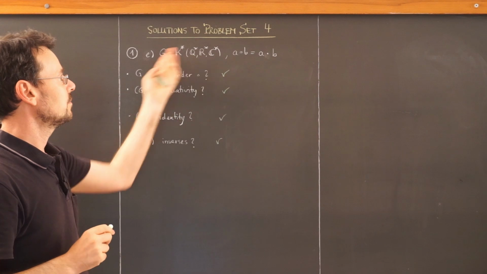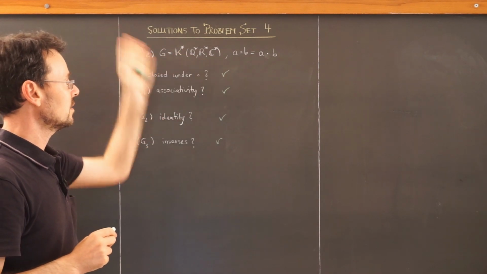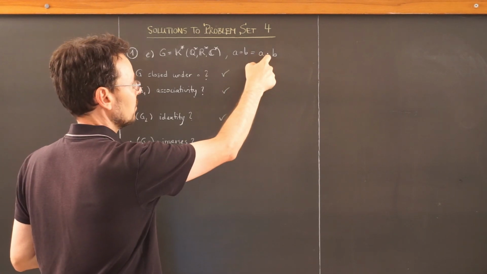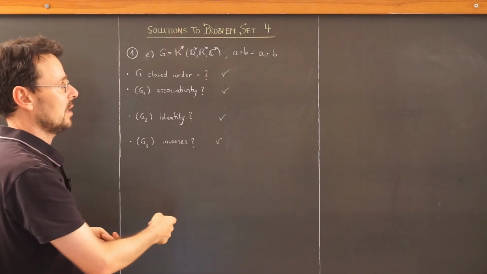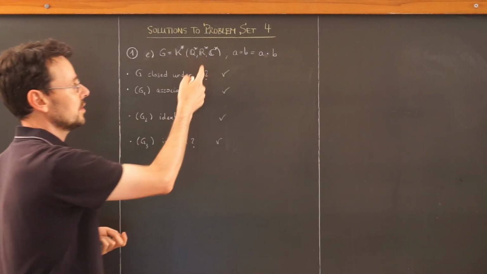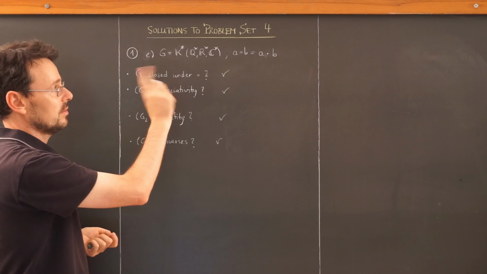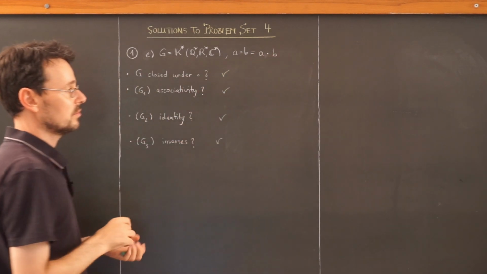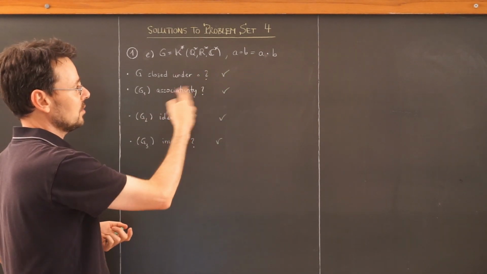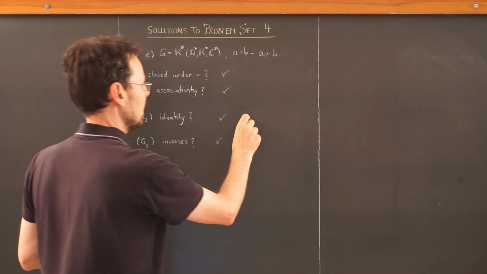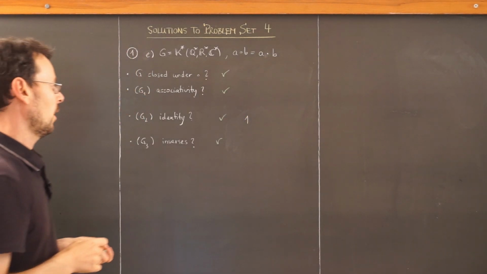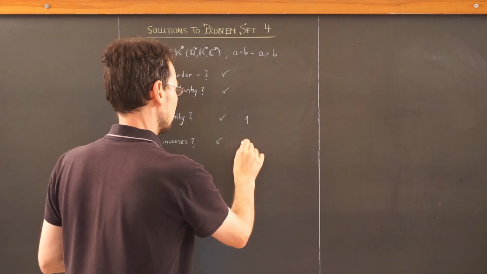If we take the numbers from before and exclude 0, then under simple multiplication this again becomes a commutative group, because obviously the product of two such elements stays in there. Remember, the product of two numbers that are not 0 cannot be 0. Multiplication is associative. There is an identity, namely the 1 in this field, and there are inverses.